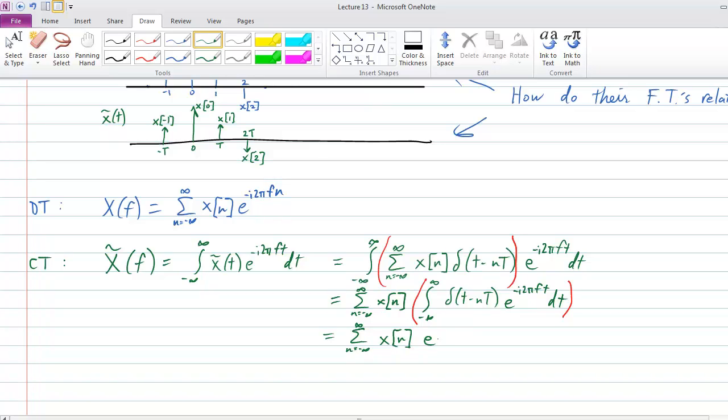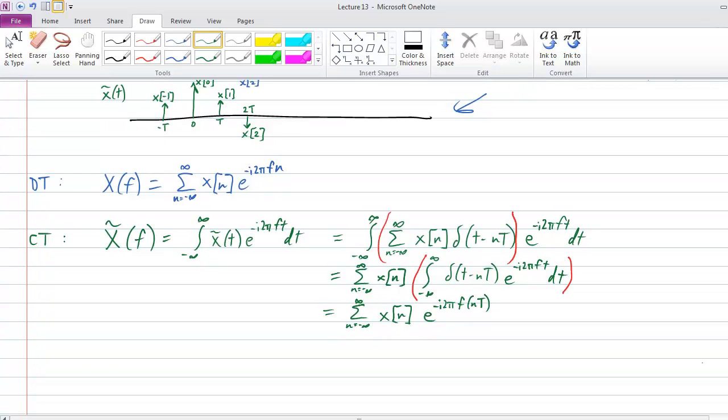Plug that in, e to the minus i 2 pi f, and then instead of t, we'll put nT, like that, which equals X, referring now to that blue equation up there, evaluated at fT.